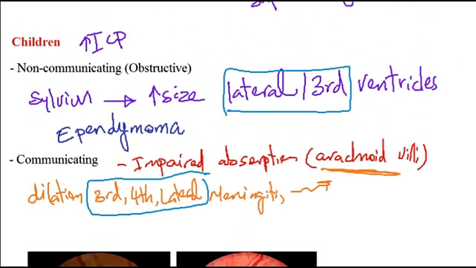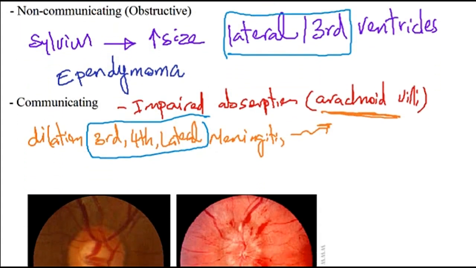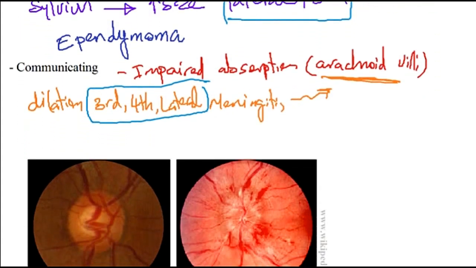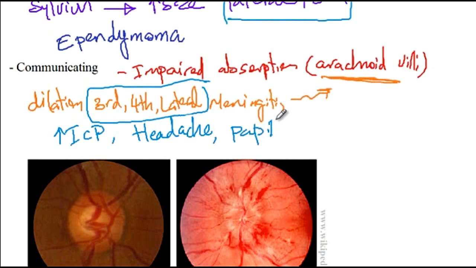In any case, the findings that you see with the non-communicating and communicating hydrocephalus include, for instance, increased intracranial pressure, headache, as well as papilledema. And I would like to describe papilledema in a little more detail.